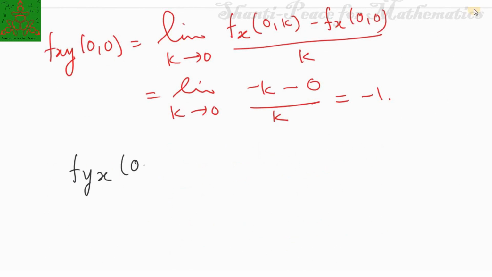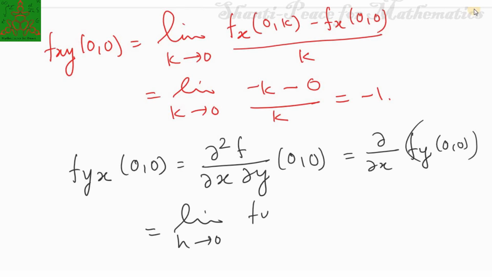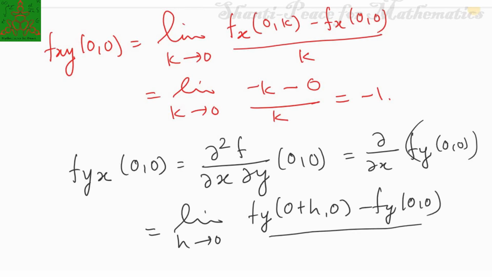Secondly, let us find f_yx at (0, 0). As per the definition, this is del square f upon del x del y at point (0, 0), so that is del by del x of f_y at (0, 0). If you apply the definition, this would be the limit h tends to 0, f_y at (h, 0) minus f_y at (0, 0) upon h.